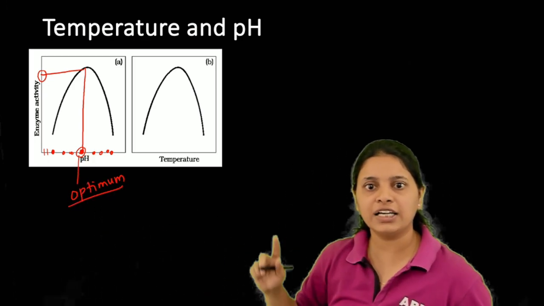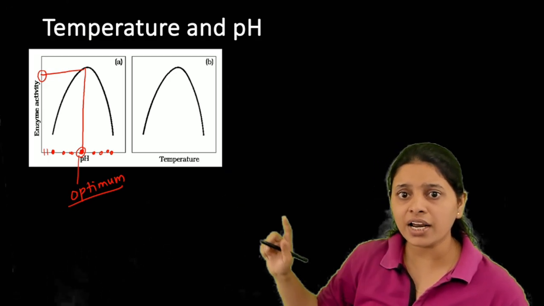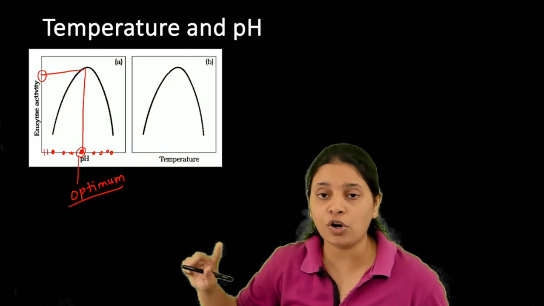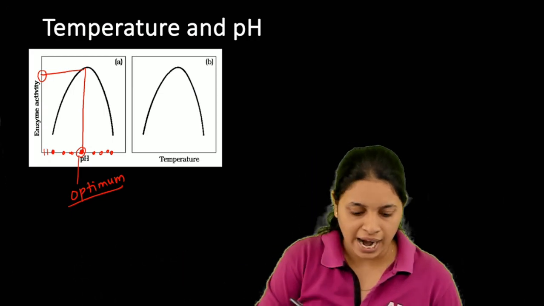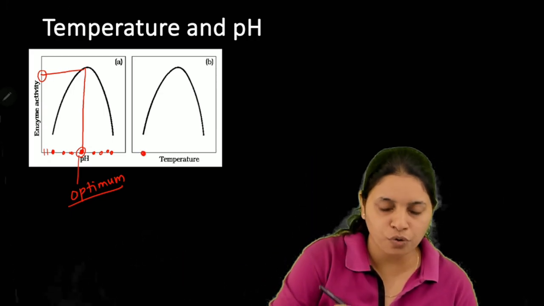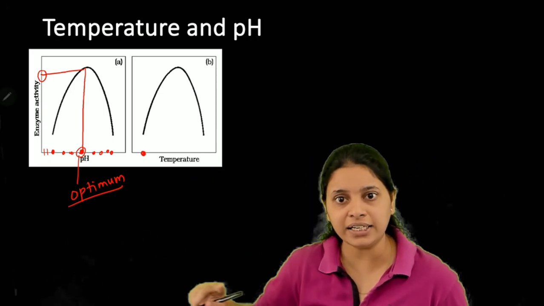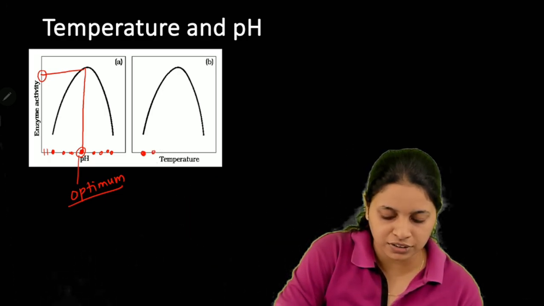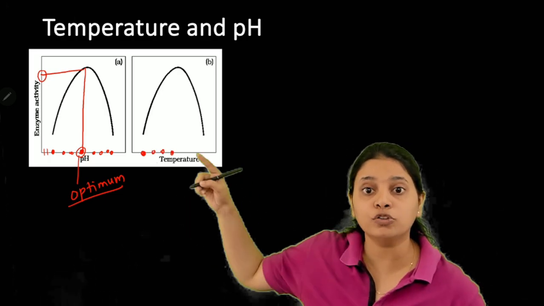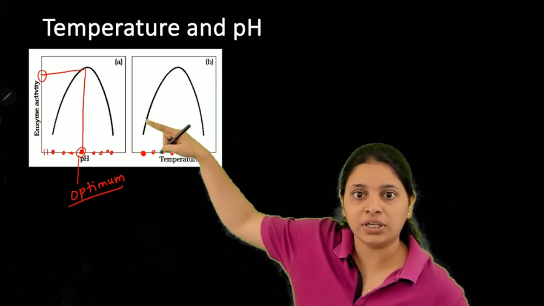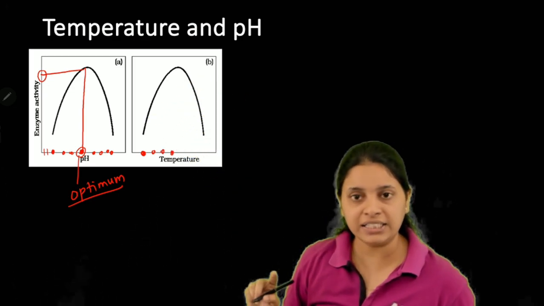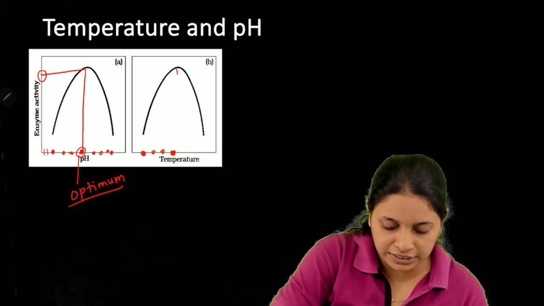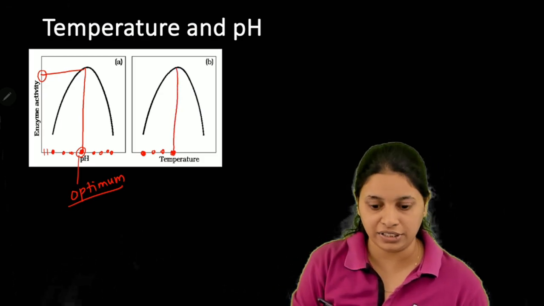Similar is the case of temperature. If we see at very low temperature, the enzyme is not showing any activity, right? At this particular temperature over here, the enzyme has started acting. And as you increase the temperature further, the activity is also increasing. As you can see, the graph is showing increase, right? And at a particular temperature, you can see there is highest activity, right?